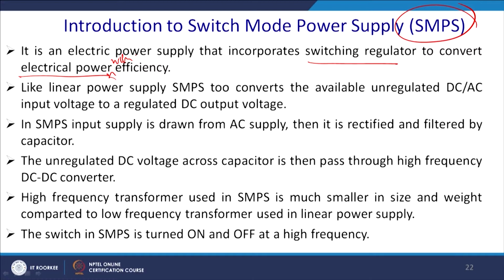We can convert power also with a huge change in the input and output variation. Let us say you are using a mobile charger and you have taken it to a country where the supply voltage is 110 volt instead of 220 volt in India. So, you should be able to use that.